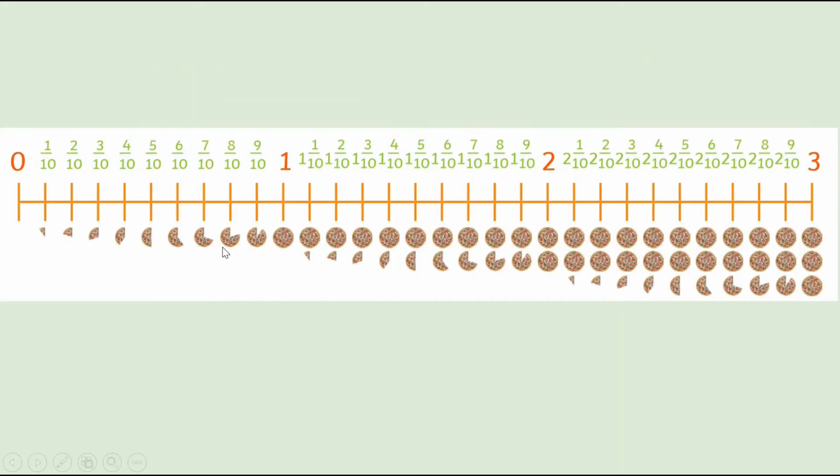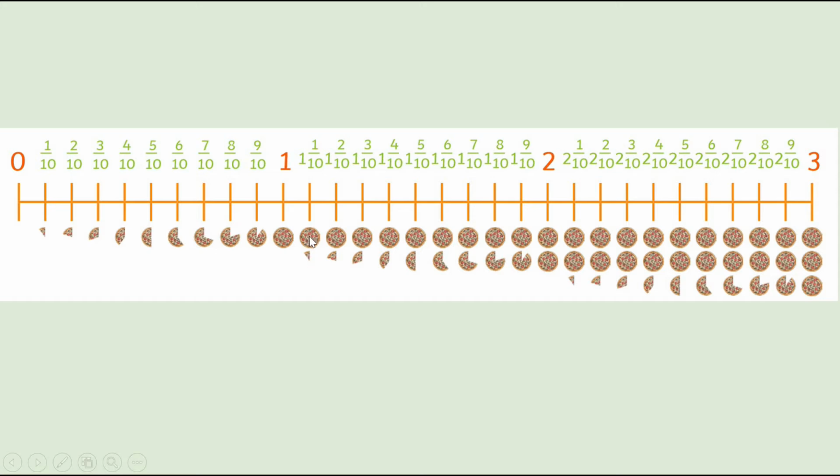Let's look at this picture and see how the parts of pizza were added each time. Here we have a part of the pizza, which is 1/10. We added parts to the pizza until we had one full pizza, which is represented as the full number 1. And then we kept adding to the pizza one part.